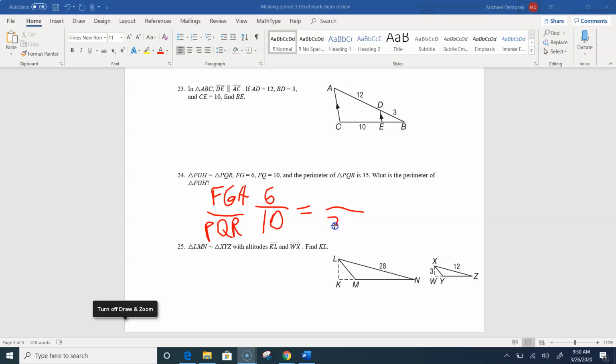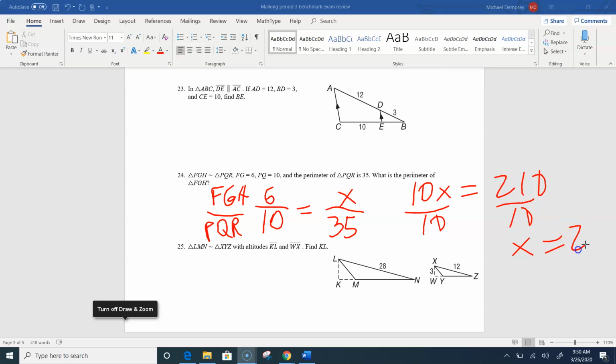So PQR's perimeter is 35. He has to live down in the denominator. So I have 10x equals 6 times 35. That's 210. And then divide both sides by 10. So that perimeter would be 21.